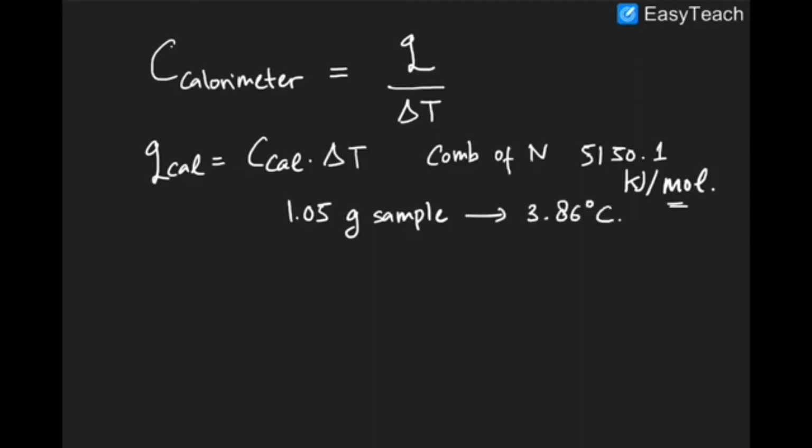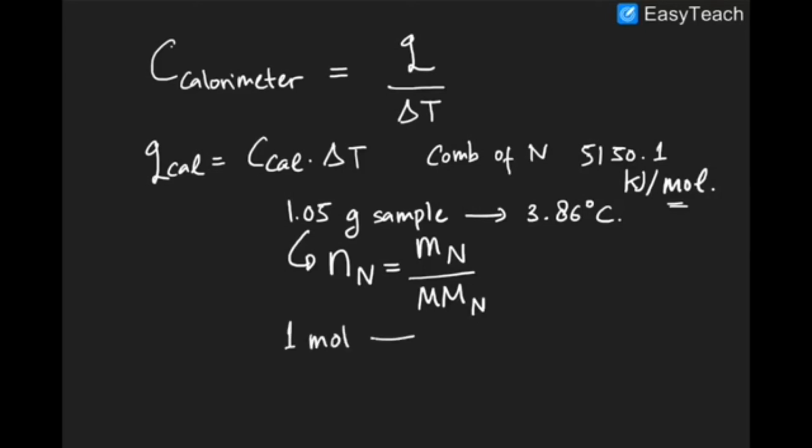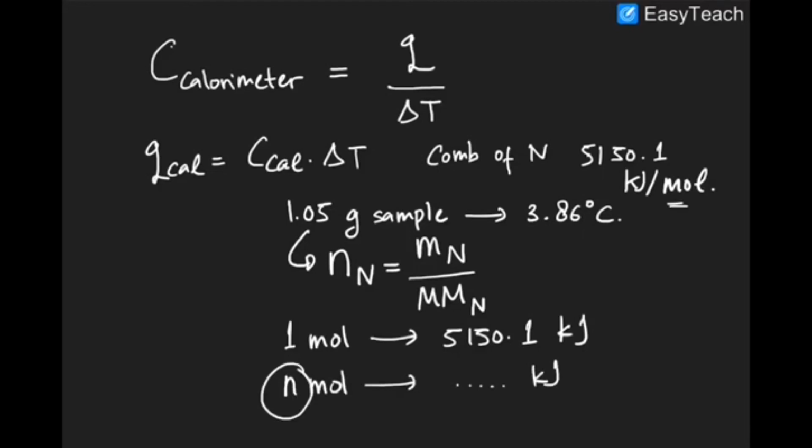So first, your task is to convert this value to the mole of naphthalene. Take the mass of naphthalene divided by the molar mass of naphthalene, and then you obtain the mole of naphthalene. You know that for 1 mole, the combustion will release this amount of energy, kilojoule. So then you can calculate how much energy will be released for n mole that you calculate from the mass divided by the molar mass.